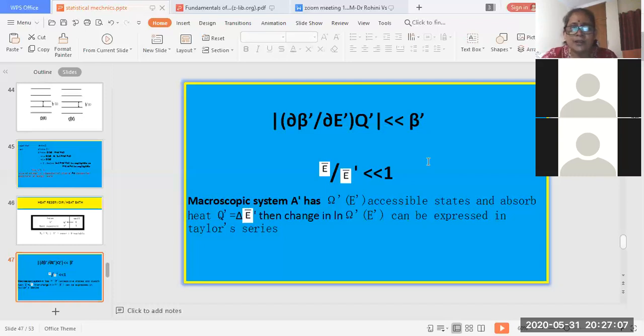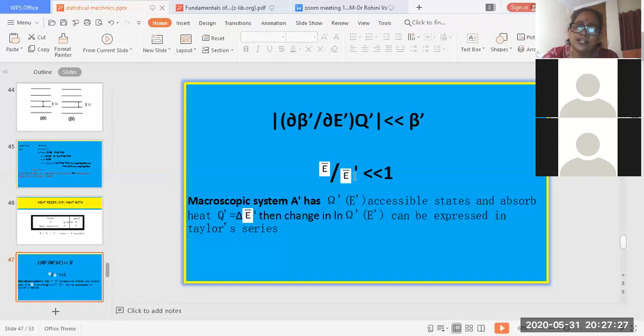And one more condition is with respect to average energy. If you take the average energy of which system? A dash. This E dash is the average energy of both the systems, whereas E bar dash is the average energy of the A dash system.